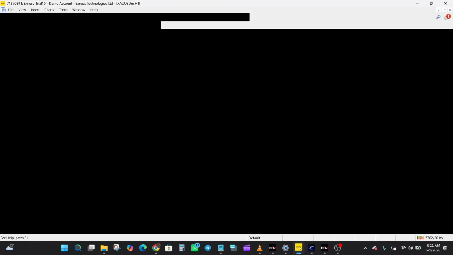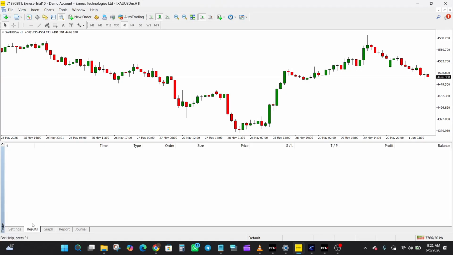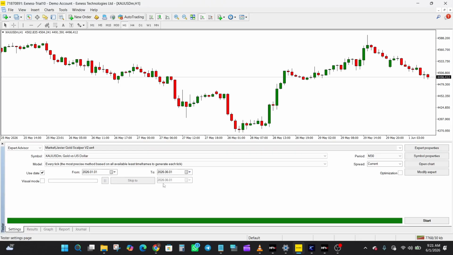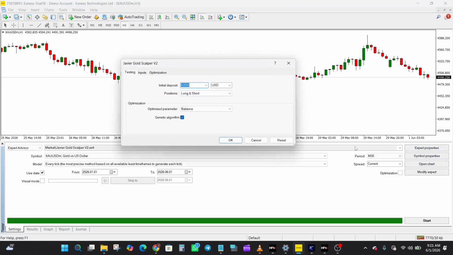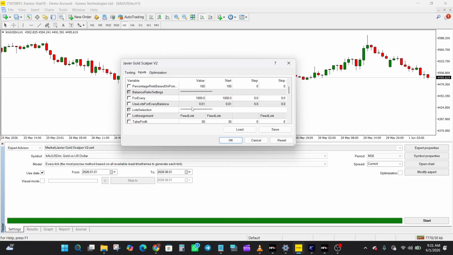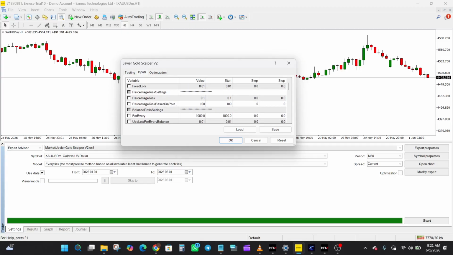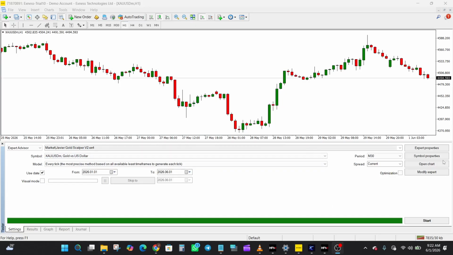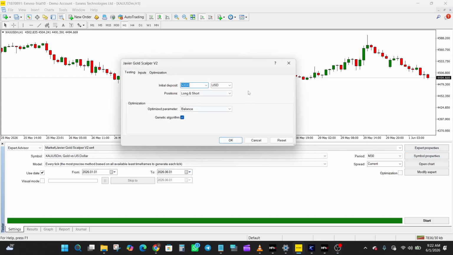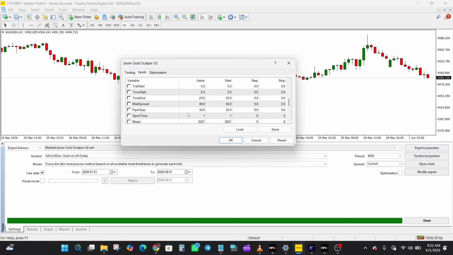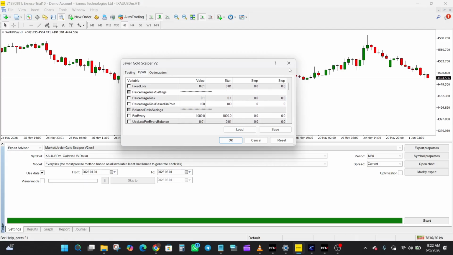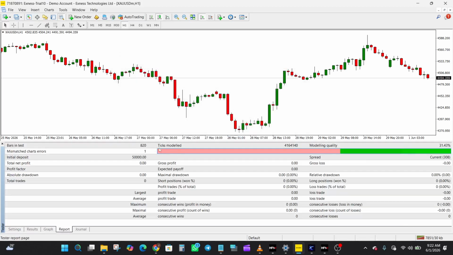And as for the leverage, let's go to the expert properties. The leverage information is not included here, but the leverage shouldn't be an issue, because I've also tested a few other EAs, so that shouldn't be an issue. But we didn't have any trade executed here.